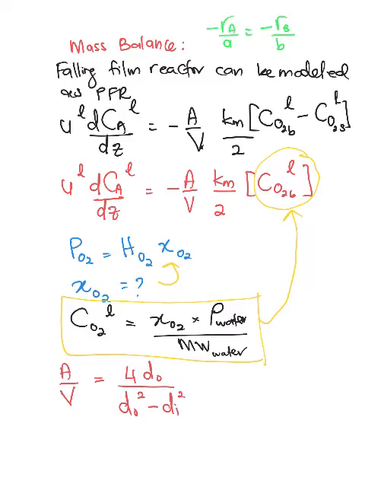Because the reaction occurred not in the liquid film but on the surface of the catalyst on the wall, that's why it is D naught here, not DI.